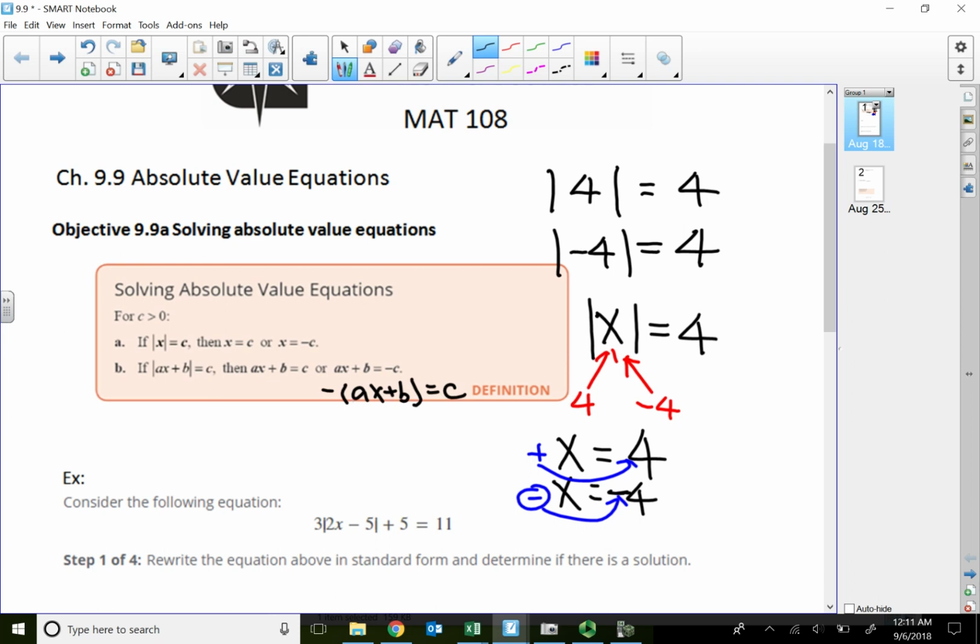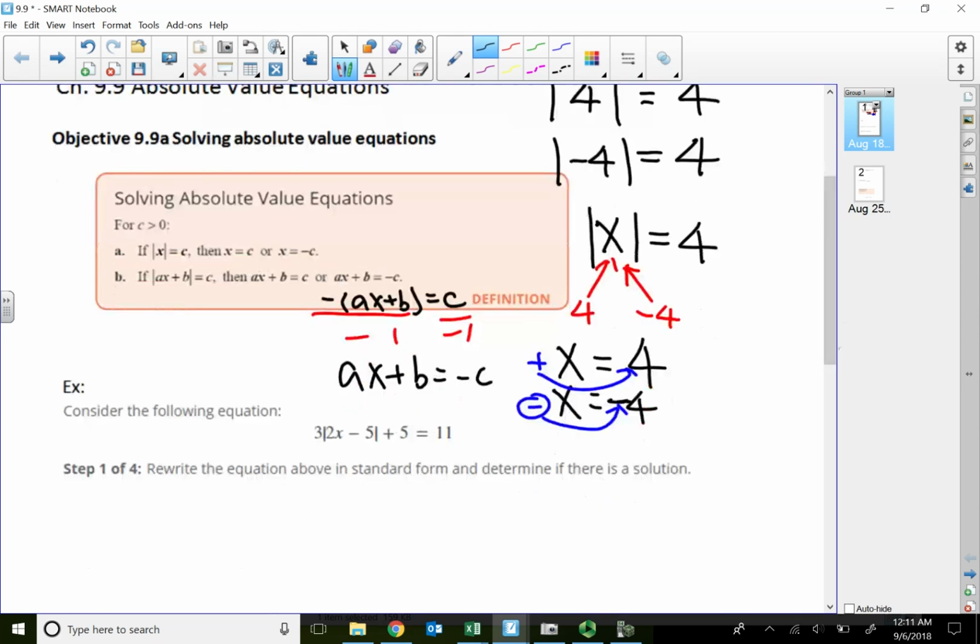So rather than having a negative on the variable term here, I'm going to divide both sides by negative 1. So in a way, I push my negative sign to the other side on the c. That's why the c on the other side is negative. All right, so that's the idea of how we're going to write out our equation.